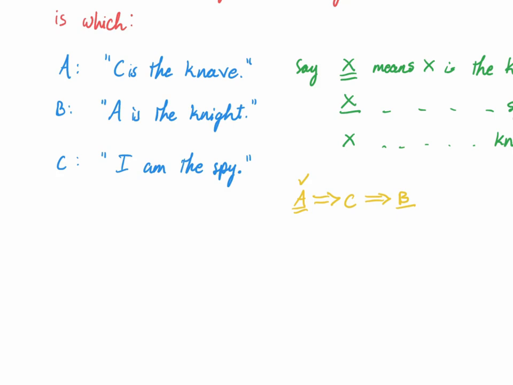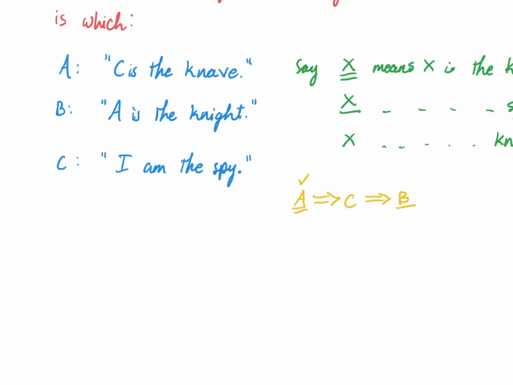What we should do is make sure that, now that we know what everyone is under this assumption, there is consistency. Are they saying things that they ought to say, given that we know what they are? A is saying that C is the knave. Well, there's not really any problem there. What about B? B is now, as we have determined, the spy.